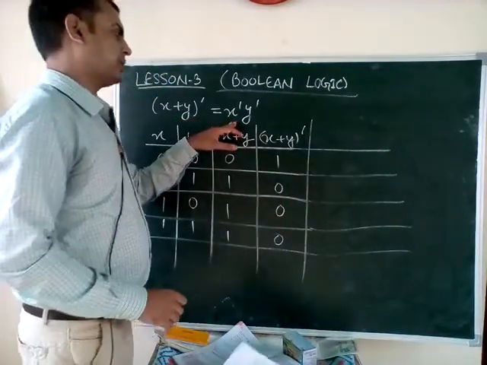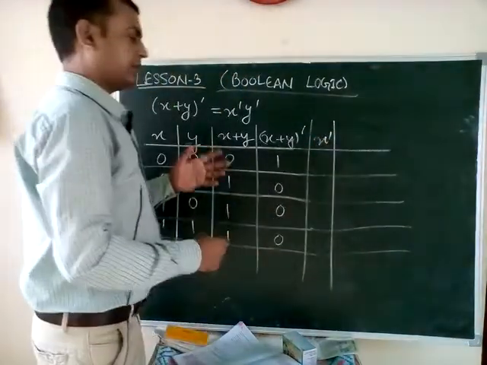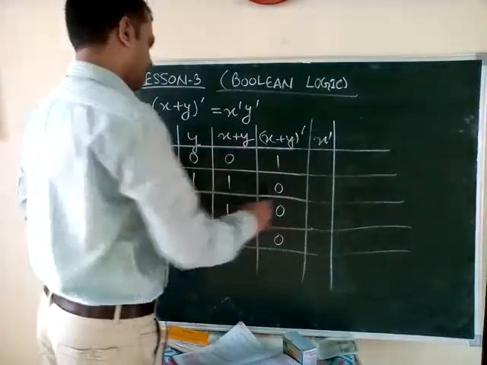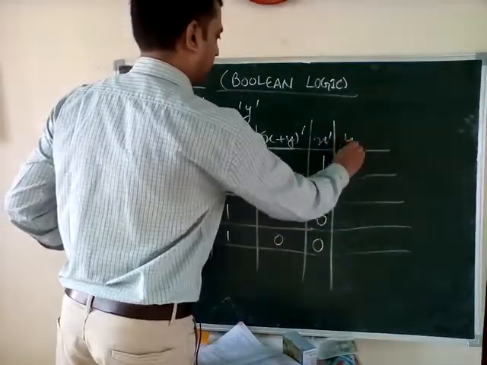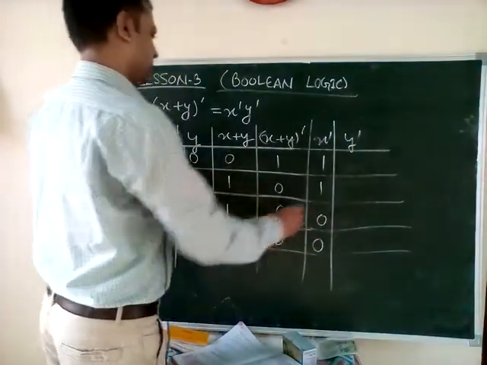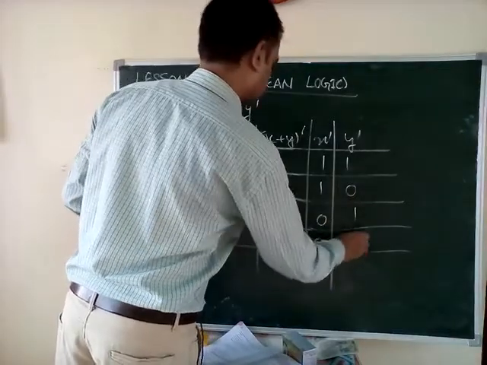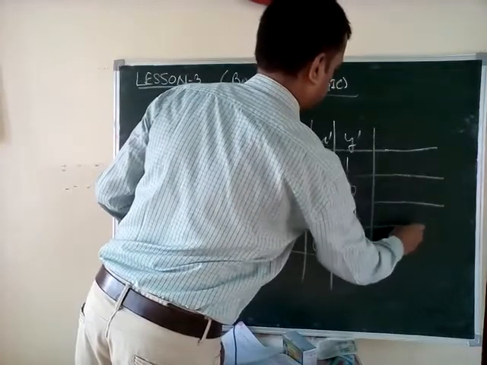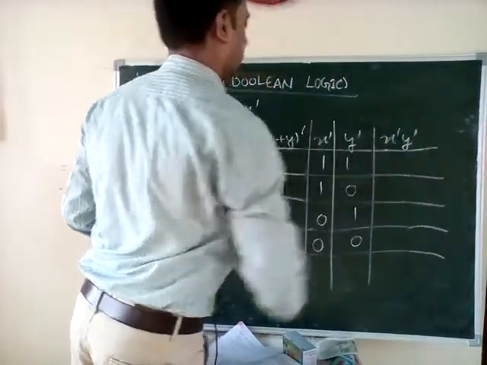Now come here, so x bar and y bar, both of these we will calculate first. So x bar means 1 1 0 0, and y bar means 1 0 1 0, and then after that x bar y bar we have to find.